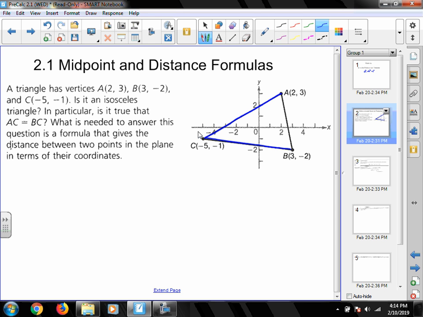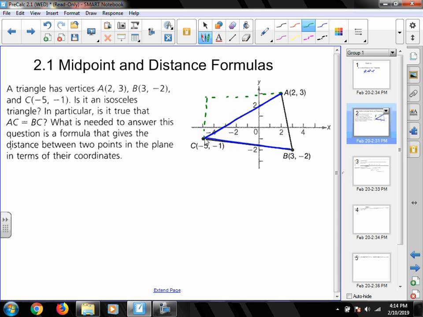Well, what is needed to answer the question is a formula that gives the distance between 2 points in terms of their coordinates. What we can do is go to our distance formula. But really, what we're doing is if I look at AC, I can really make a triangle here.